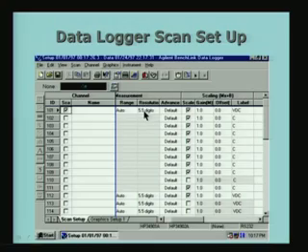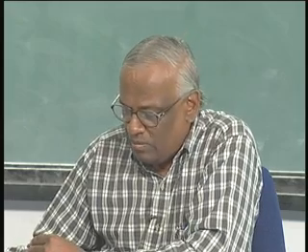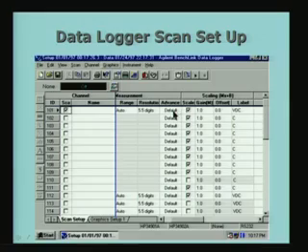The resolution, this is the most important thing. We have got a 5.5 digit resolution. I will discuss it briefly on the board, and this happens to be the default for this particular channel. For all the channels the default is 5.5 digits. If you want to change it, you can change it to a lower value if you want. And here you see the gain and the offset. Actually this is nothing but your slope, and for a straight line behavior this will correspond to the slope, and this will correspond to the offset or the intercept as we talked about.